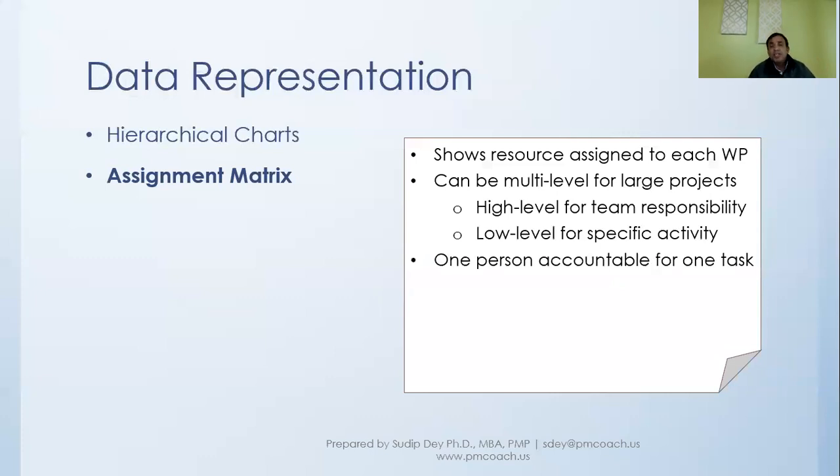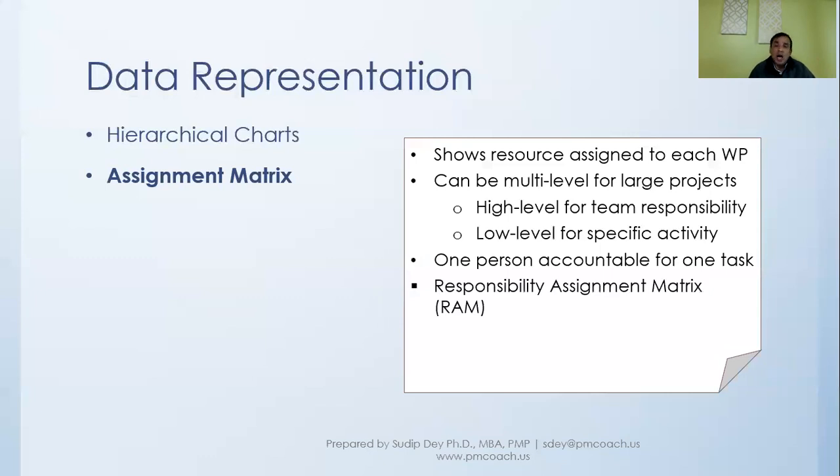And one thing to consider is that when it comes to execution, there will have to be one person accountable for one task, because we don't want any ambiguity about who is going to execute a particular task. The one that we'll be discussing now is called the responsibility assignment matrix.